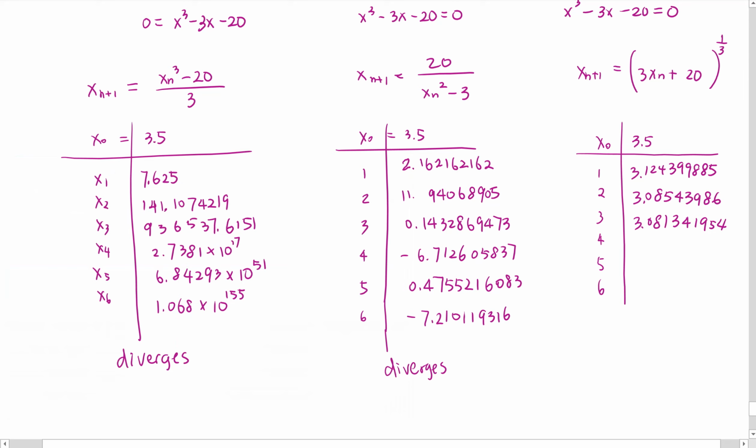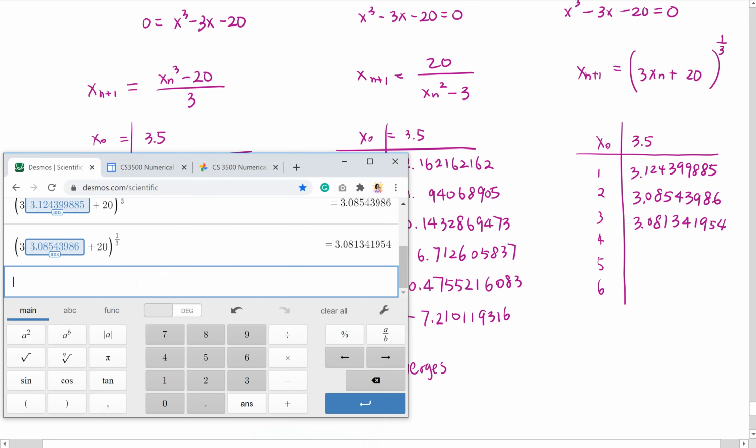I think this will converge. It better be, right? We already have 2 schemes that diverge. There must be one that worked, right? This one worked. 3.080910293.